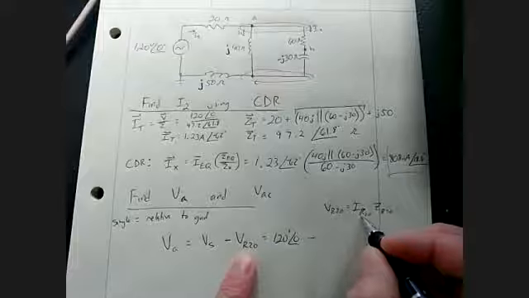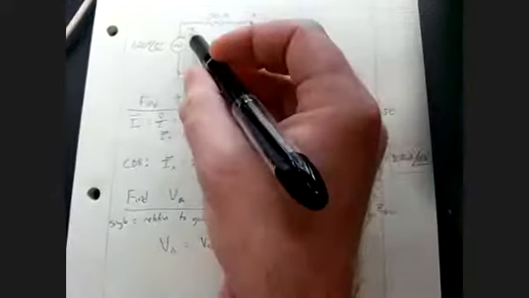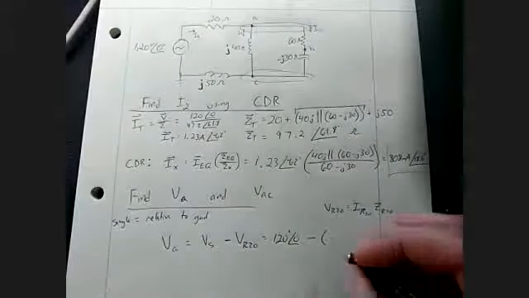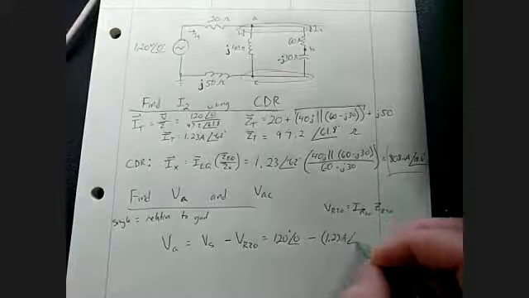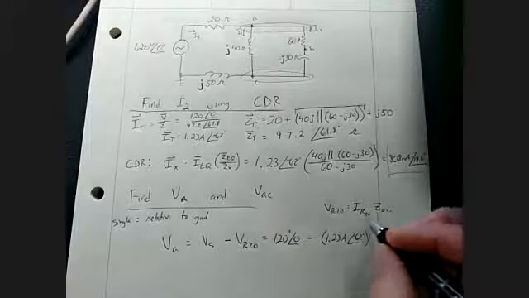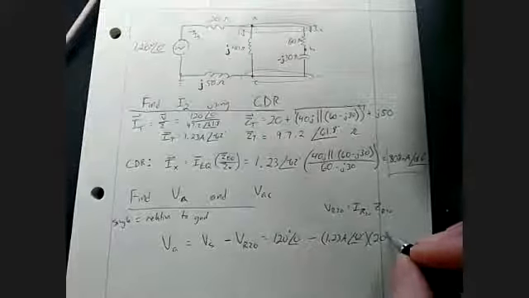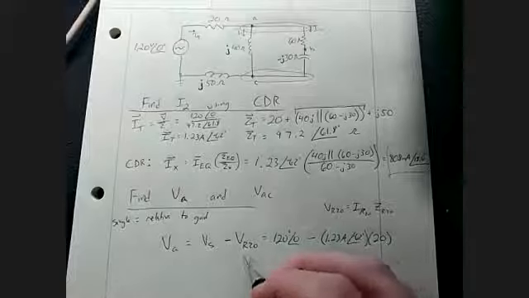Well, that I of R20 is the IS that we had earlier because it came out of the source and then it kept going through the 20 ohm resistor. And so that's minus 1.23 amps, angle negative 62 degrees. The Z is just 20 ohms because it's just a resistor. If you wanted to say 20 angle 0, that would also be correct.